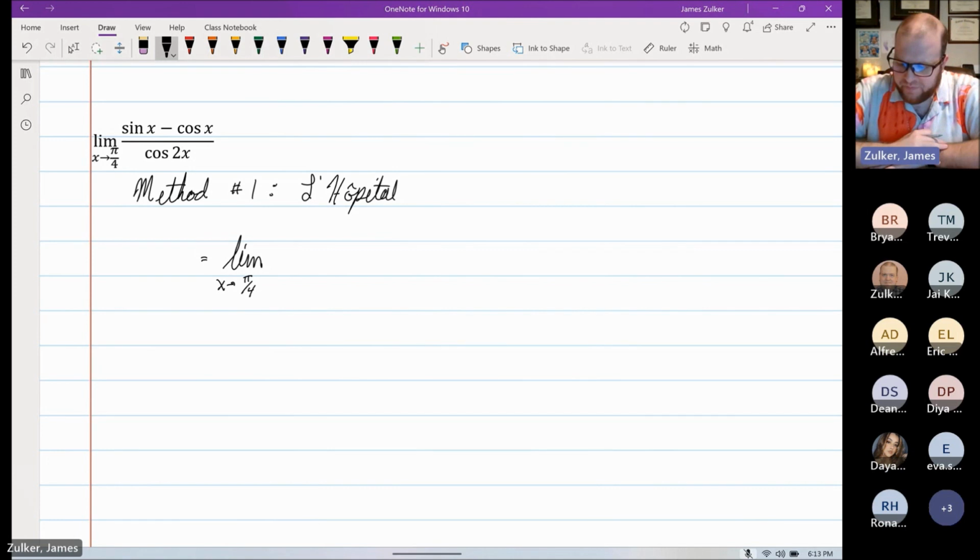Okay. So we need to take the derivative of the numerator function, right, cosine of x plus sine of x, divided by the derivative of the denominator function, -2 sine 2x.